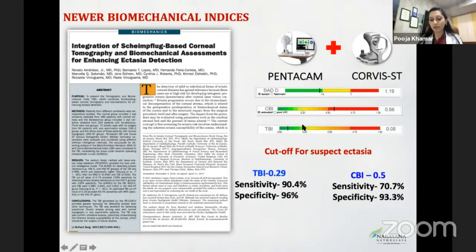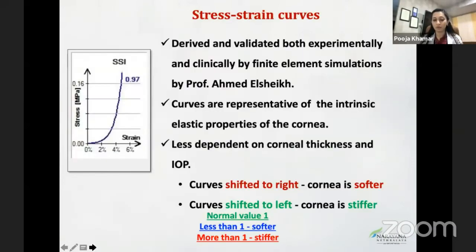For TBI, below 0.25 is normal, 0.25 to 0.5 is suspicious, and above that is abnormal. This is work done by Professor Vinciguerra and team. They say that the sensitivity and specificity is extremely good for these CBI and TBI parameters. So basically, these 2 parameters along with your tomography tell you a lot about when to operate, when not to operate.